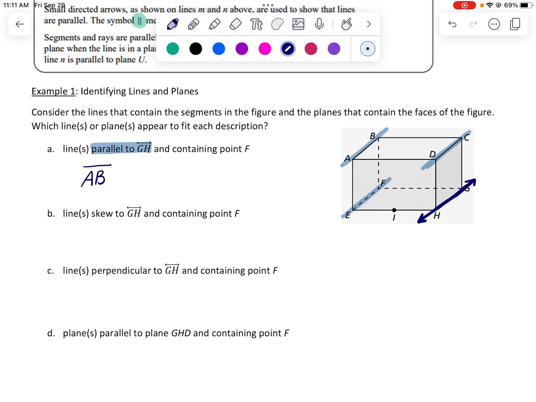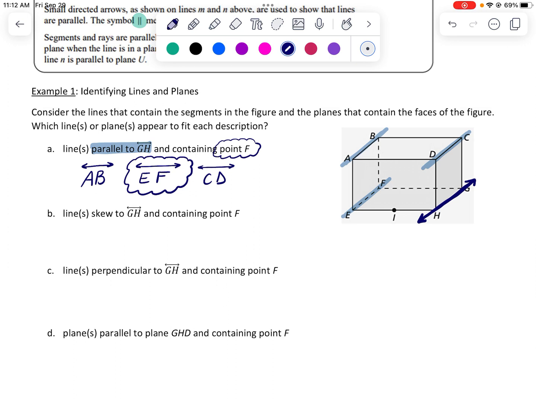AB, EF, and CD. So these are all parallel lines, and then the one that contains point F is really what they're looking for. And so this one is the answer to the question. But I just wanted to practice identifying where we could see parallel lines.